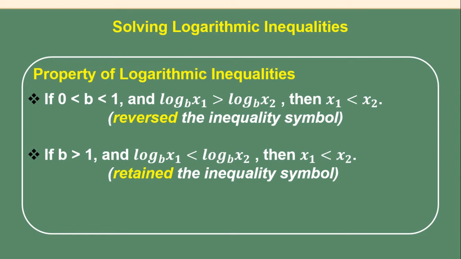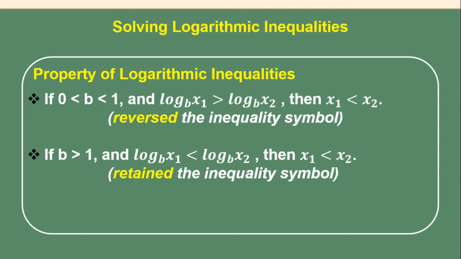Or in other words, reverse the inequality symbol when the base is greater than 0 but less than 1. While if the base is greater than 1 and log of x sub 1 with the base b is less than log of x sub 2 with the base b, then x sub 1 is less than x sub 2.